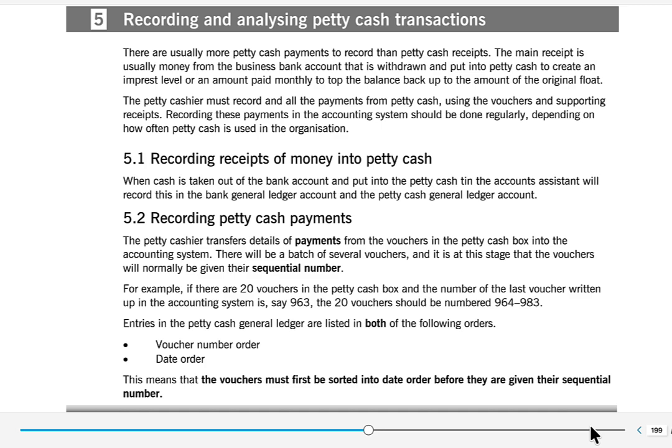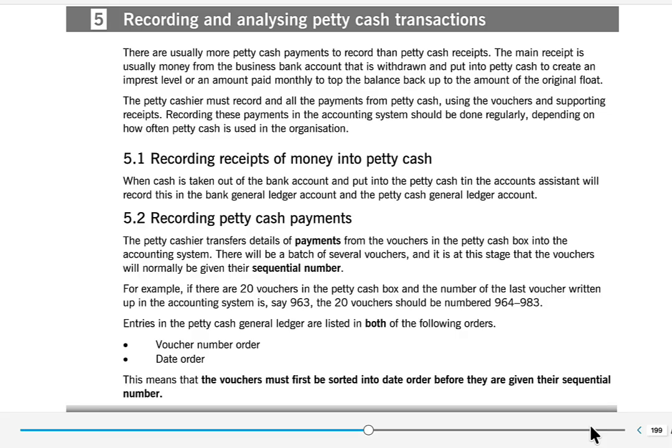Type 2. Money goes out of petty cash. This happens when the petty cashier pays for a small business expense. For example, bus ticket for business travel, tea, coffee, and sugar for office kitchen, emergency stationery, small cleaning materials, small parking fee when allowed. So in simple words, petty cash transactions are cash in and cash out.